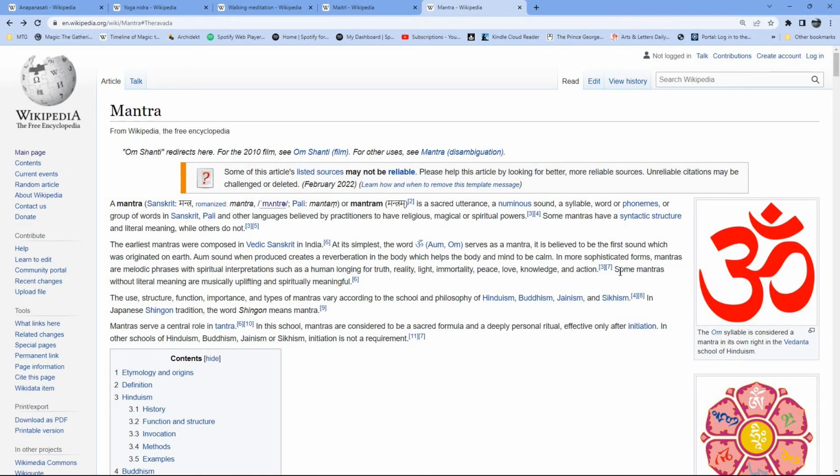And then finally is the use of a mantra. So some sort of sacred utterance, or a sound, or a syllable, or a word, or group of words. And that can be another form of meditation where you're focusing on the particular mantra.